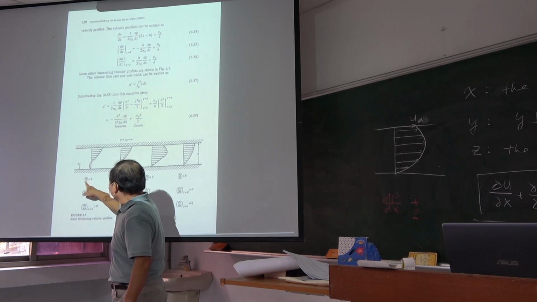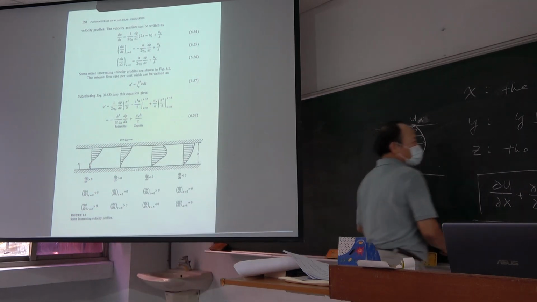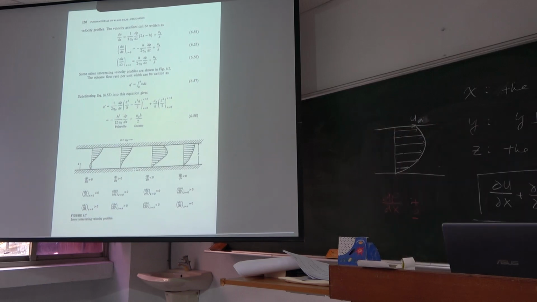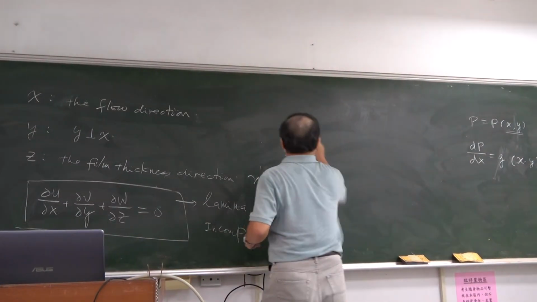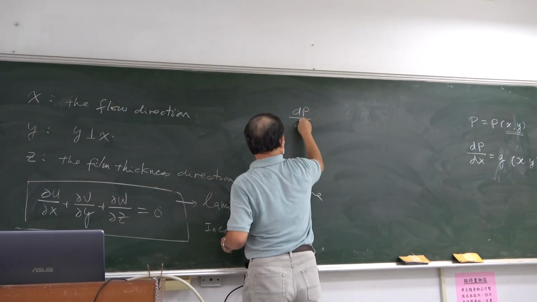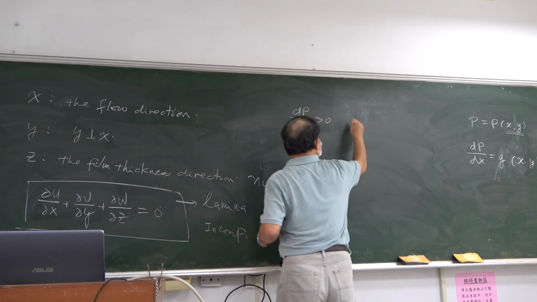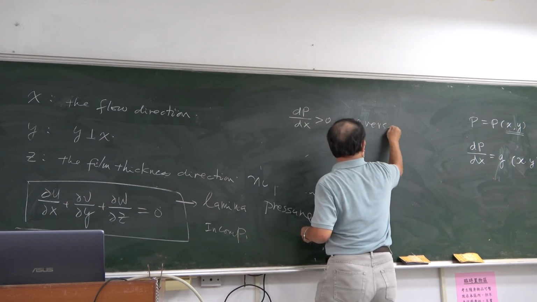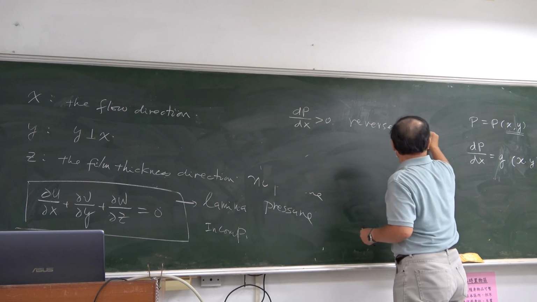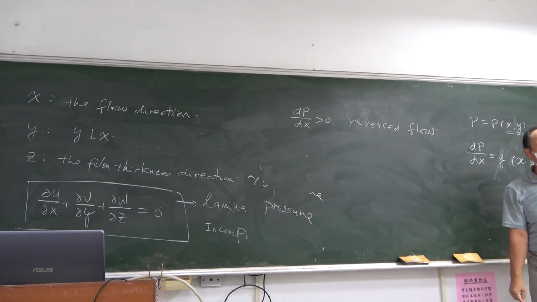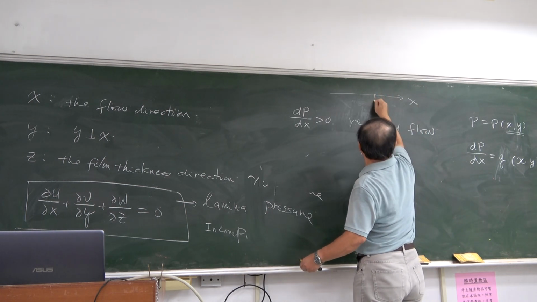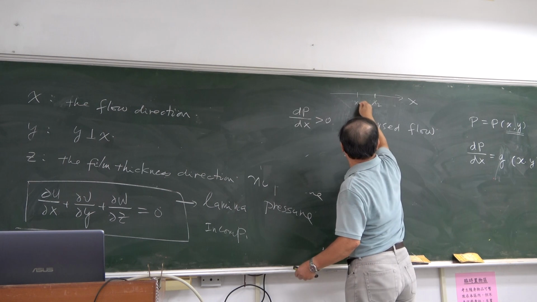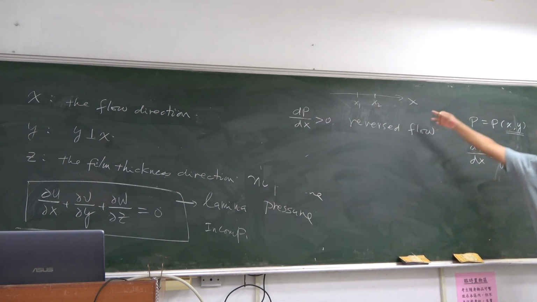Let me talk about dP/dx. What does dP/dx mean? The flow comes this way, this is the x direction, this is x1 and this is x2, and we move along this direction. The flow direction is from x1 to x2, right?